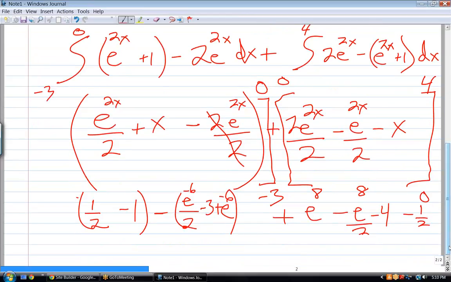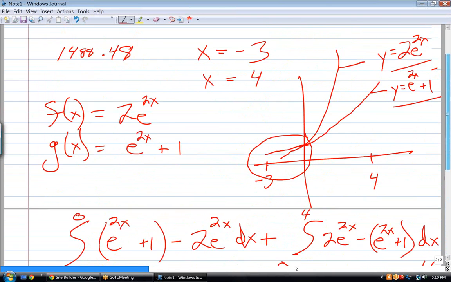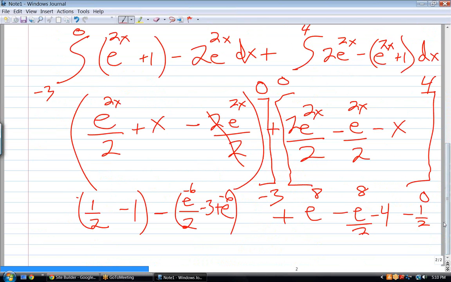All right. So that sure doesn't look like, how many is it supposed to be? 1488? Well, maybe it is. Notice what's going to override everything here. That. So the one you circled right next to that, that's e over what? E to the 8th over 2. Over 2, okay. So actually, if I combine the e to the 8th minus e to the 8th over 2, I get e to the 8th over 2. So I can do this, just simplifying it.